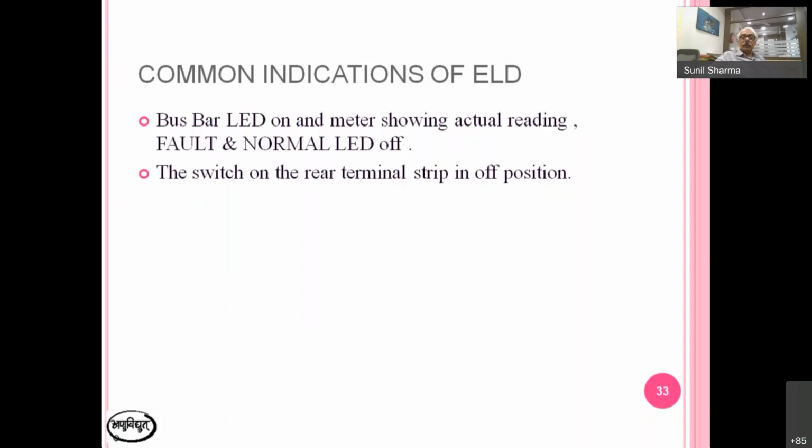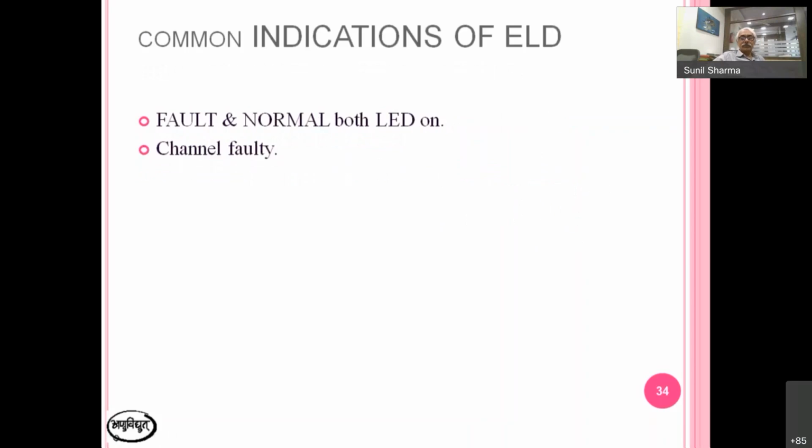It means your rear side channel switch is off. Somebody does not want to show you the red light, so sometimes they put this type of trick, because we have complained, sir, this is not working on both sides. Only this channel is on.